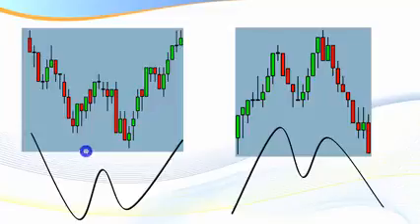Now this is typical, and this is the same pattern we were just looking at, except using an oscillator. So we've got a lower low on price with a higher low on our oscillator. Likewise here we've got a higher high on price and a lower high on the oscillator. So this is our classic T19 setup.